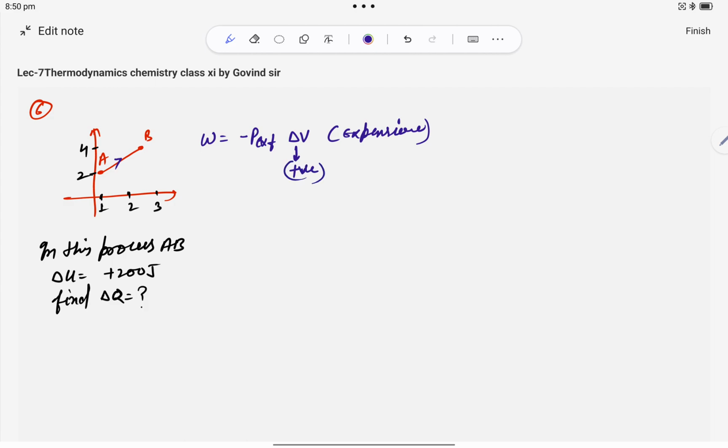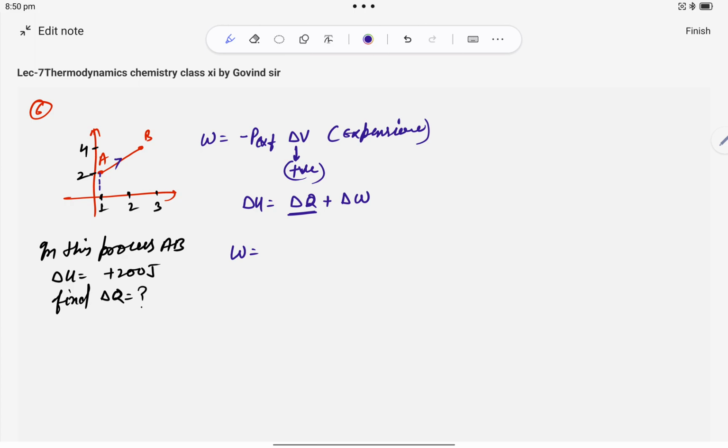I told you earlier also. So delta U is equal to what? Delta Q plus delta W. U is given, Q they are asking, W we don't have, so W you can find out.